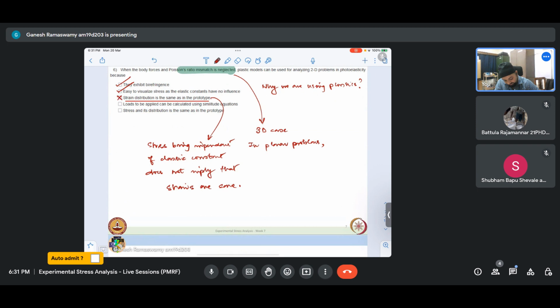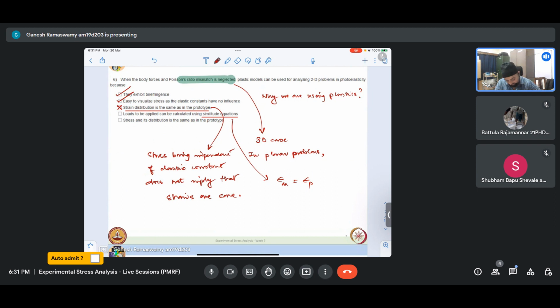So strain distribution essentially does not remain the same in the model as compared to the prototype. Loads to be applied can be calculated using similitude equations. Yes, exactly. So similitude equations would be our strain in the model equaling strain in the prototype. With us specifying these conditions, we can figure out how we have to scale down the models and the loads to be applied to the model.